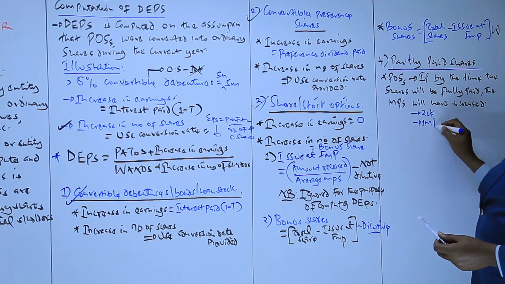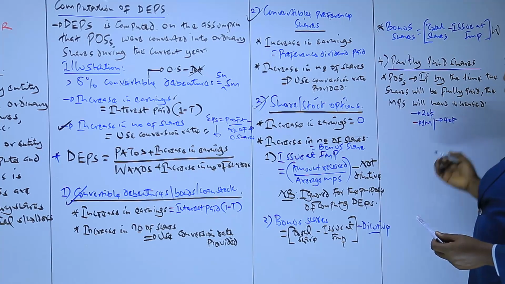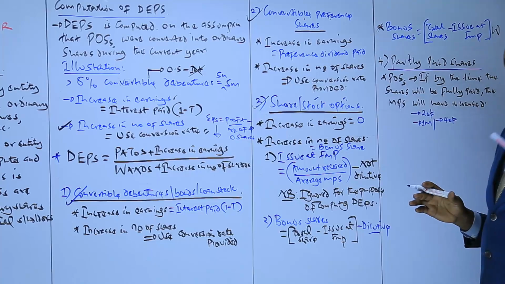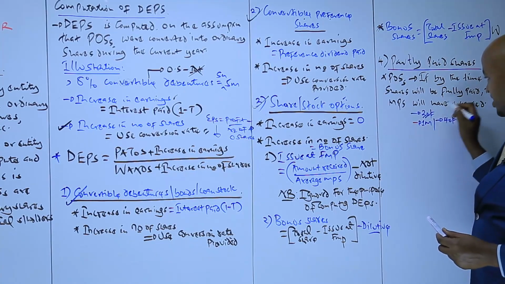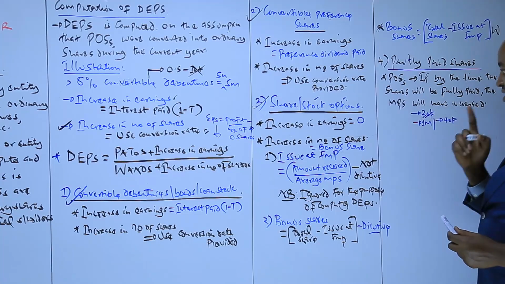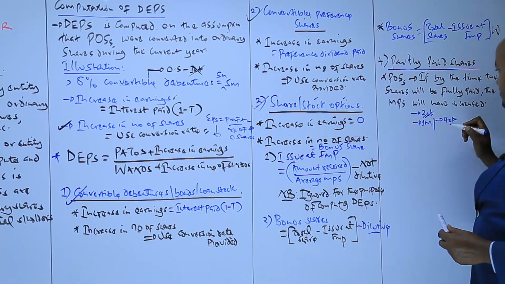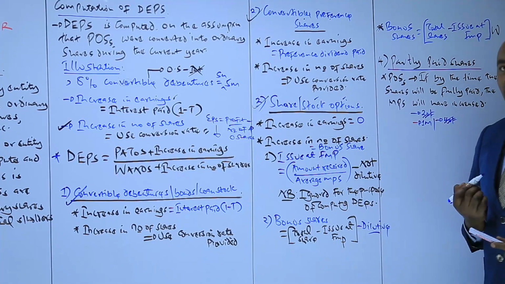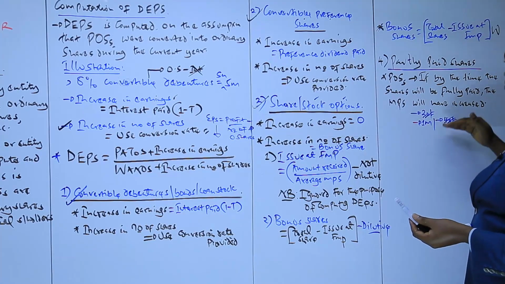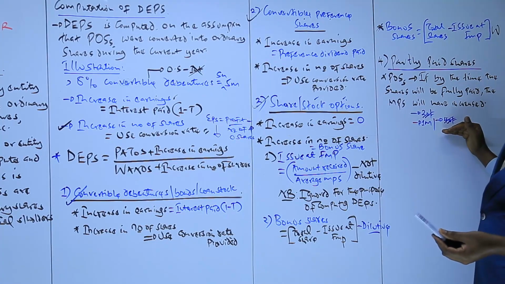But now at the time they will be paying for these shares, the market price will have increased to 40. So remember here the shareholders will still pay the price of 20 because the shares were issued to them at a price of 20. But at that time, the moment they are fully paying for their shares, the shares are trading at a price of 40. So meaning that they will pay a price which is less than the market price per share.